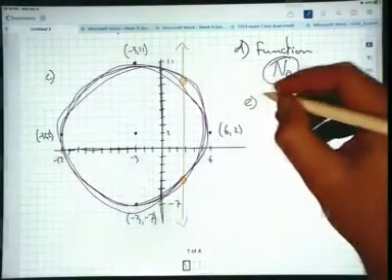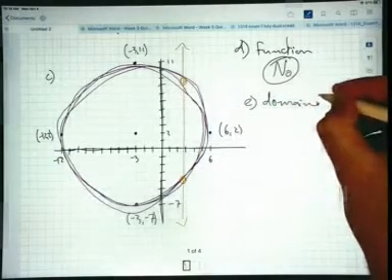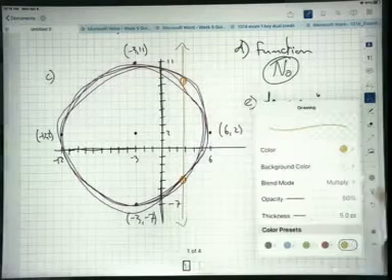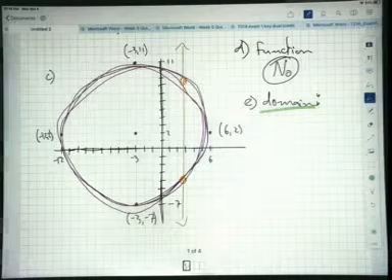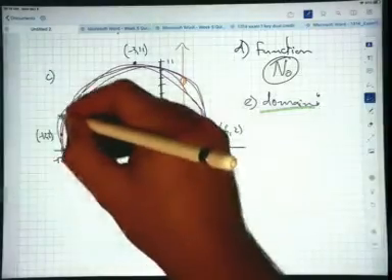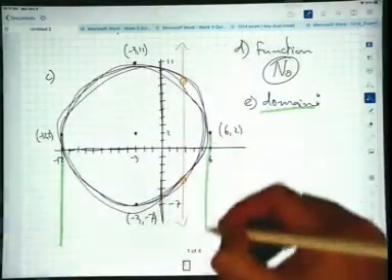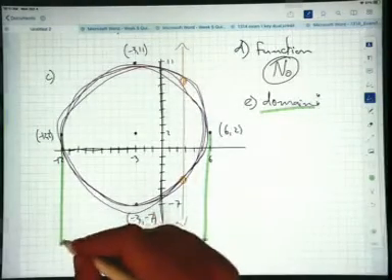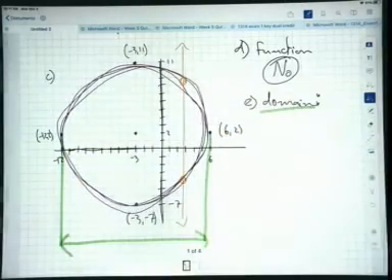E is asking for the domain of the relation. So domain is the set of x values that are represented on this graph. If we think about the set of x values, we need to think about all these x values that are between negative 12 and 6.